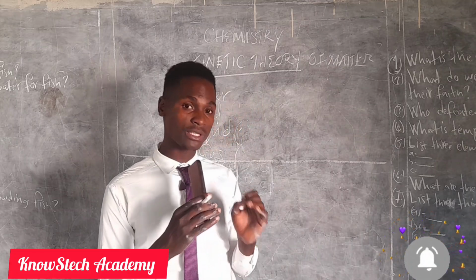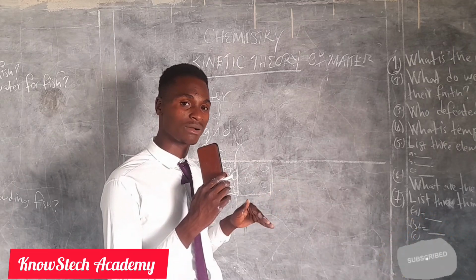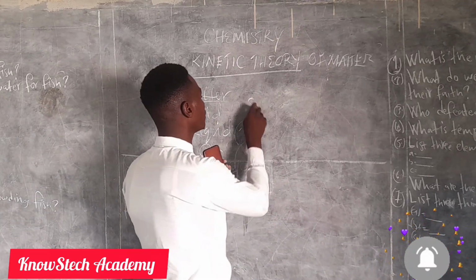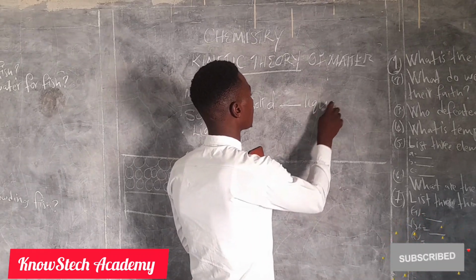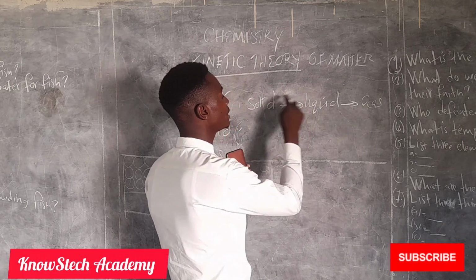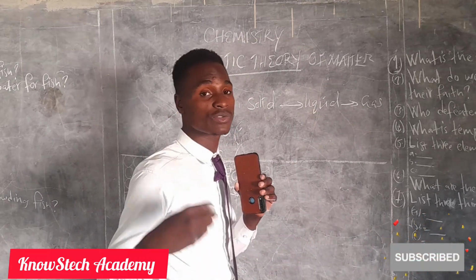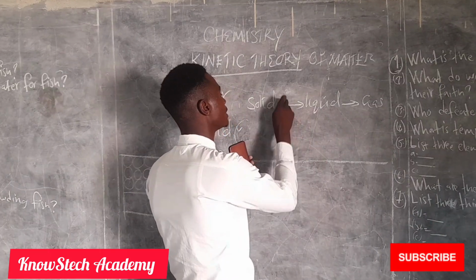Now, last but not the least, there is what we call the change of state of matter. So you can have solid here, liquid, and gas. The change of state of matter from solid to liquid is called melting.